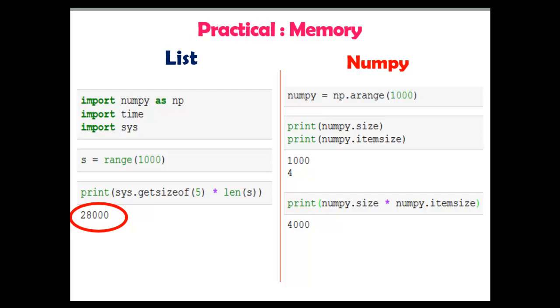So now if we multiply numpy.size with numpy.itemsize, we get 4000 bytes. So now you can see for 1000 elements Python list required 28,000 bytes. With the same number of elements, 1000 elements, NumPy required only 4000 bytes.